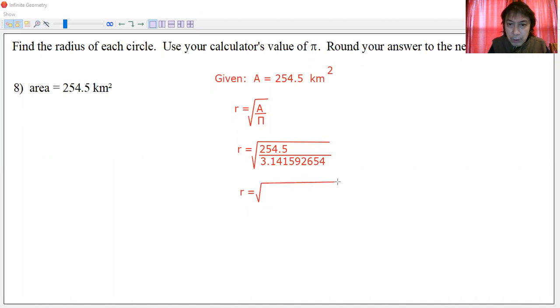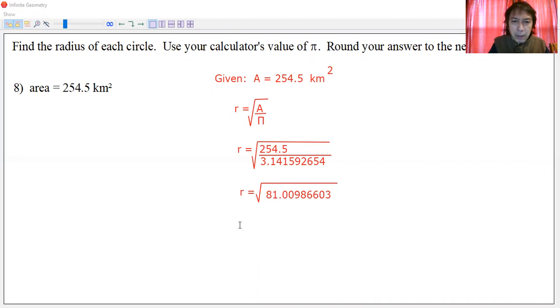All right. So let's divide. And then we will get the square root of that. So we have 254.5 divided by pi. That results to 81.00986603. There. So we'll just get the square root of this.